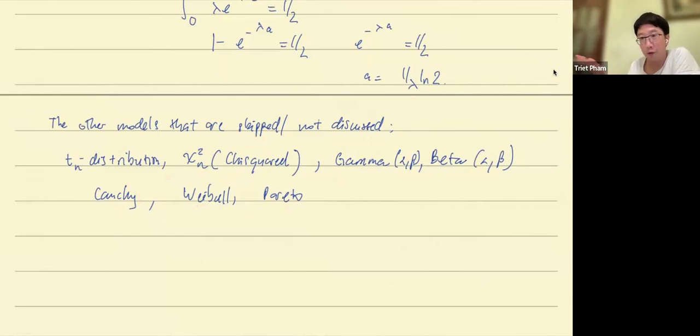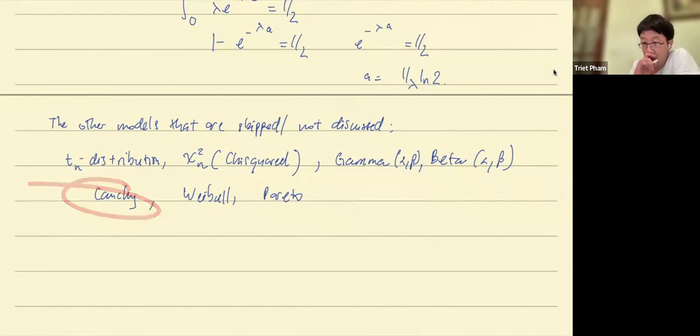They're skipped in the sense that you're not asked to memorize the densities or the expectations associated with these things, and they're not that likely to be on the exam. But that doesn't mean that when you see a chi-square, you give up. You can still work with the density and the expectation. Maybe the calculation is hard, but that's hard on the calculus side, not on the probability side.